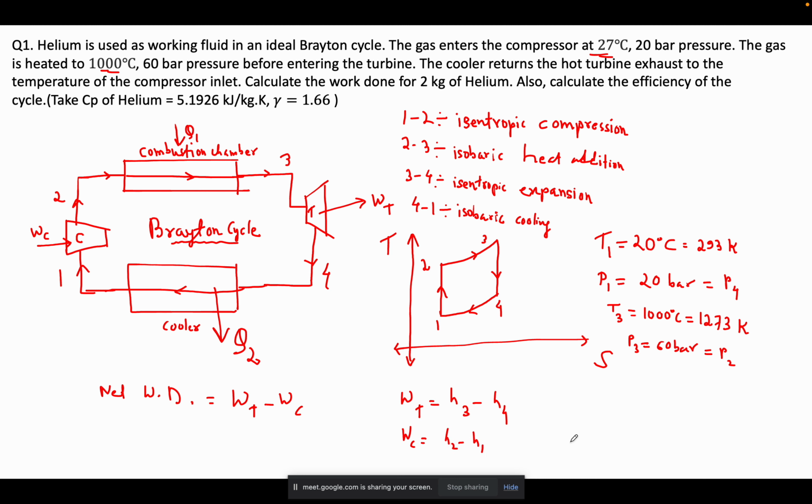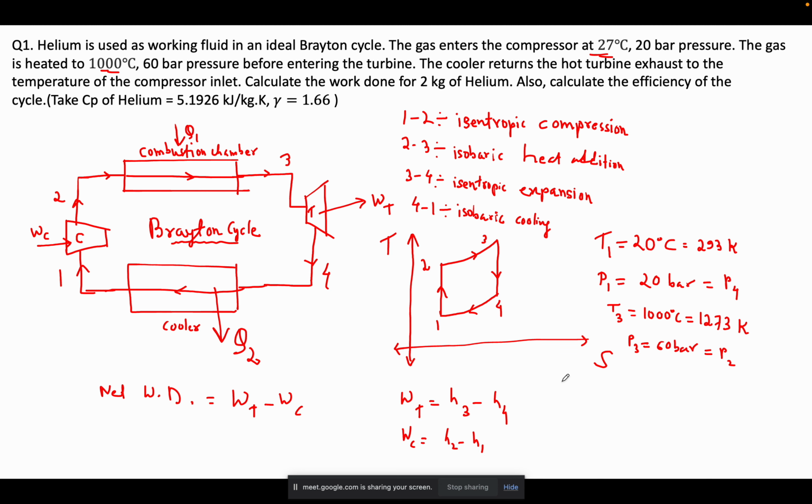Now in earlier cases we had to calculate these enthalpies from the steam table, because the working fluid of the cycle was steam. But here we should look at the table of helium, and helium's tables are not given. But one thing we know is that if it is not mentioned anywhere, this is an ideal gas.